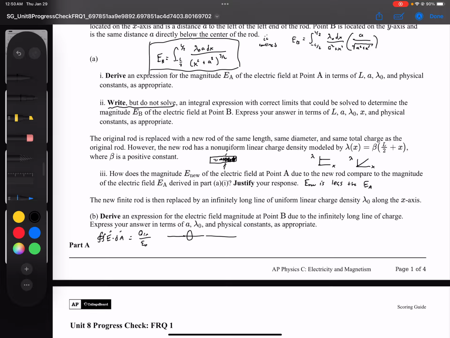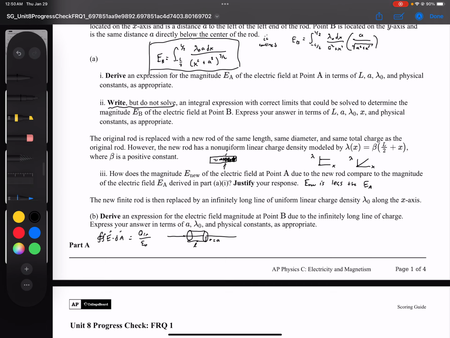Okay, so now we're evaluating it at point B. Here's point B. It's a distance A away from the line. And then we know that the area of the walls of the cylinder is going to be basically the circumference of the circle times the length of the cylinder.